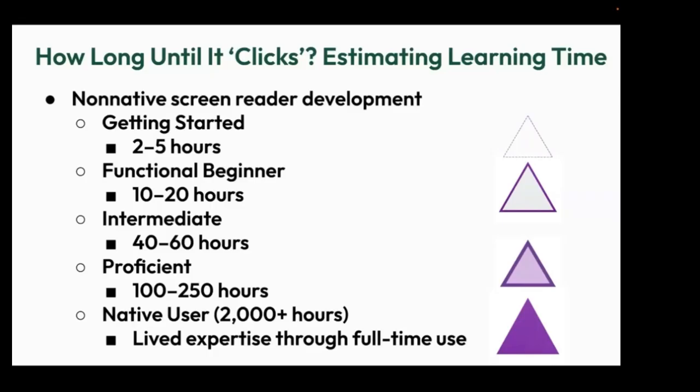But as you move down through these different steps, functional beginner and intermediate proficient, the line on the triangle gets darker. So it's solid in the next step, and then it's even more solid with a light purple background on the inside. And then finally, at the native user, it's that solid purple triangle that we had before. So it is a series of steps, but we can get there eventually.